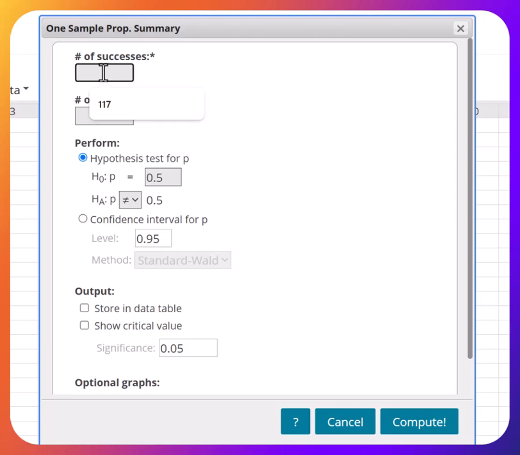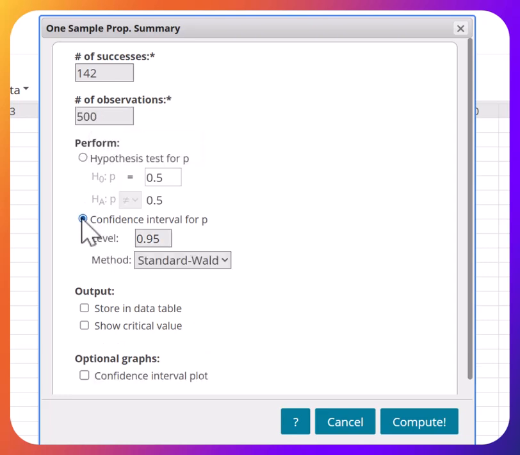The 142 is the x value, which is the number of successes, so we'll put 142. Number of observations is the sample size, so we'll put 500. And then look here, confidence level: he wants 99%, so just change it to 0.99 and hit compute.